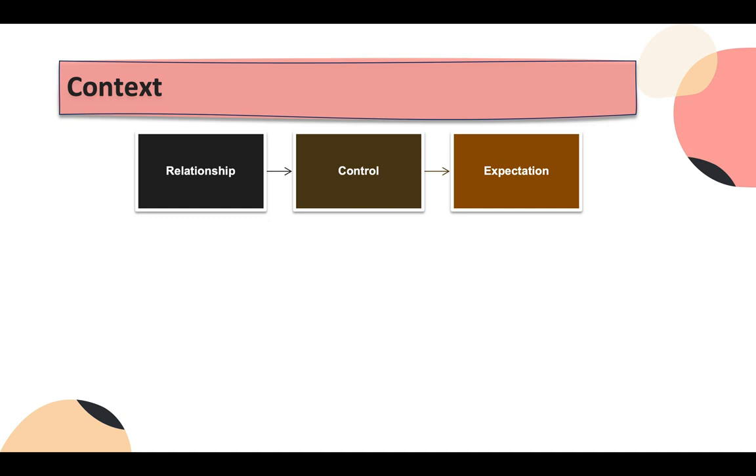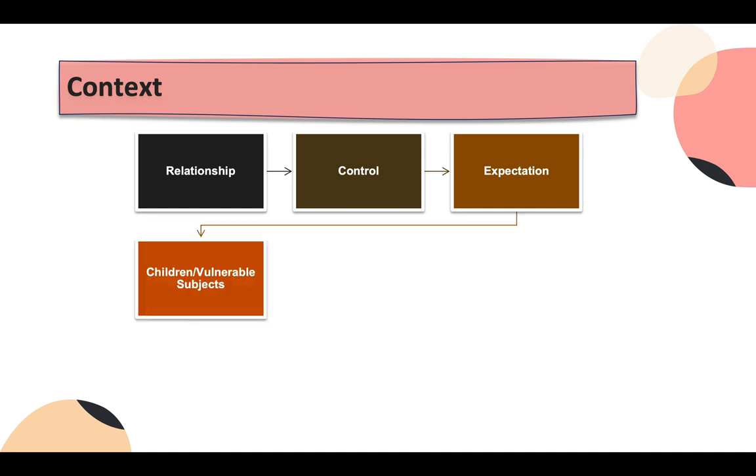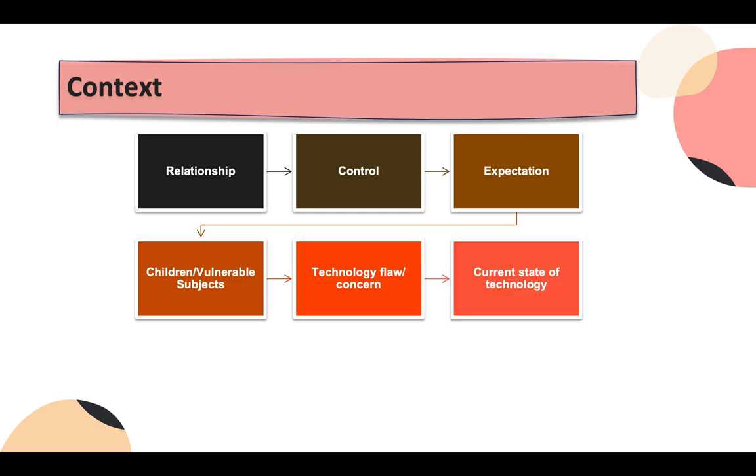What makes up your data subjects? Are children or other vulnerable people a part of your data subjects? Are the technologies being used prone to any concerns or, for instance, security flaws of some sort? Is it a completely new technology in any way? What is the present state of technology in the particular area?